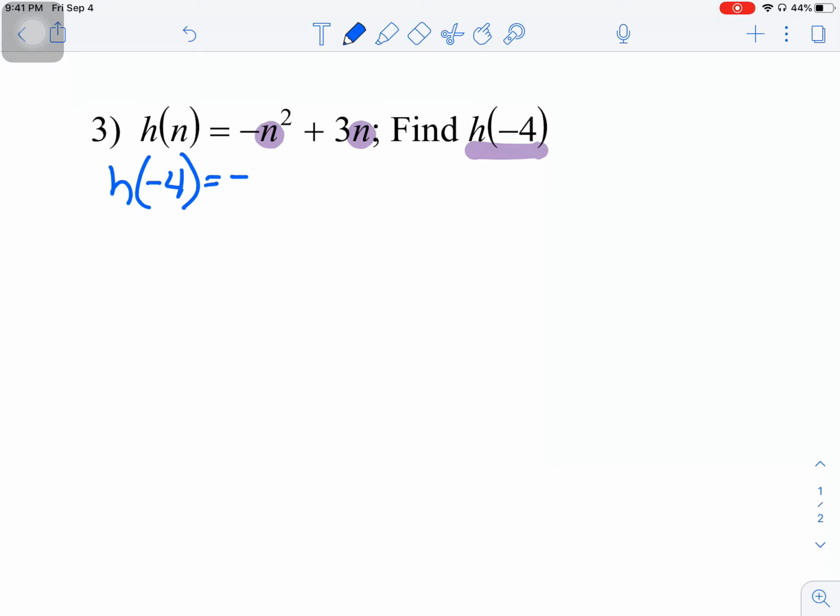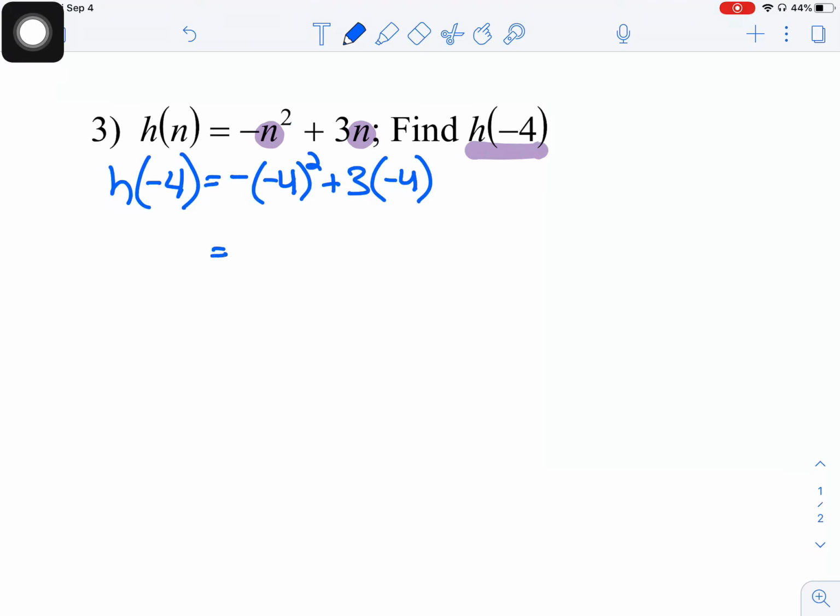So I've got negative. Now, wherever I'm going to see those n's, I'm going to use parentheses. So n here is negative 4 squared plus 3 times negative 4. Remember, anytime you have a number right up next to a letter like this, right up next to a variable, it means to multiply.